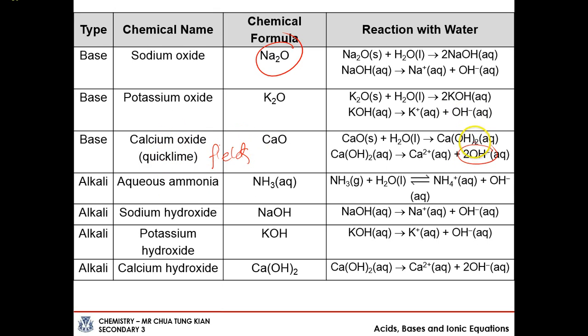The OH- produced will neutralize the H+ and adjust the pH back to normal. NH3 ammonia, aqueous ammonia, sodium hydroxide, NaOH, these are common alkalis we see in the lab. And this last one, Ca(OH)2, is also known as limewater.